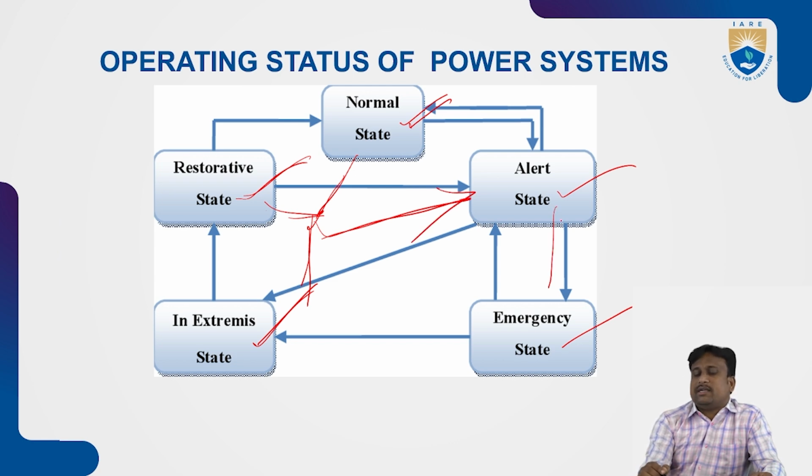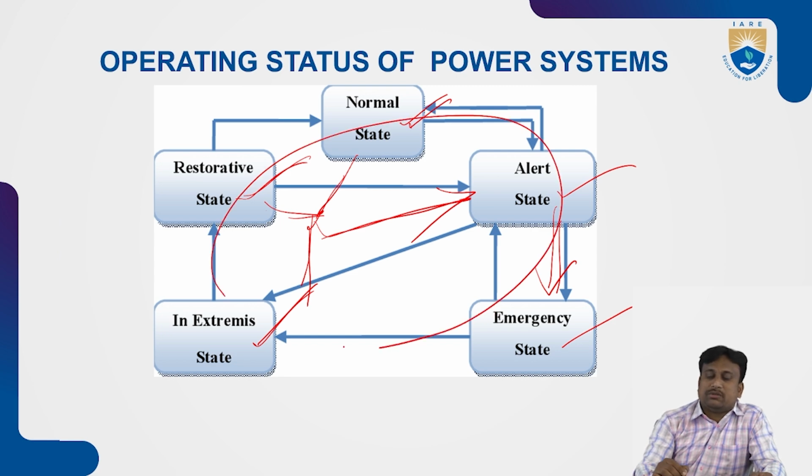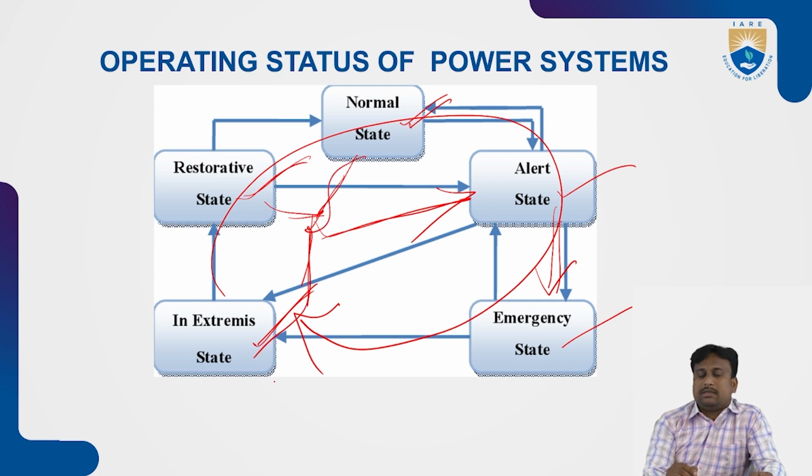This will actuate the emergency state. Likewise, the cyclic procedure happens. All these states in state transition will activate the alert when there is any disturbance in a particular block. That is called the alert state. This gives the information to the emergency block, and likewise the cyclic order repeats.